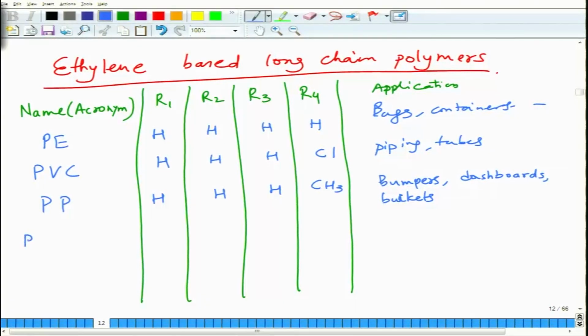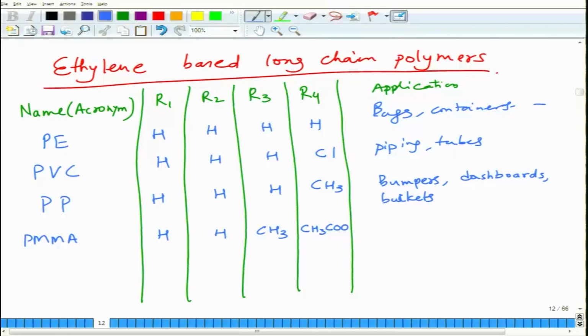Then you have PMMA, polymethyl methacrylate. In this case, you have 2 hydrogens, one goes as CH3 and another one is replaced by CH3COO. This is used for a variety of applications, and is much harder.